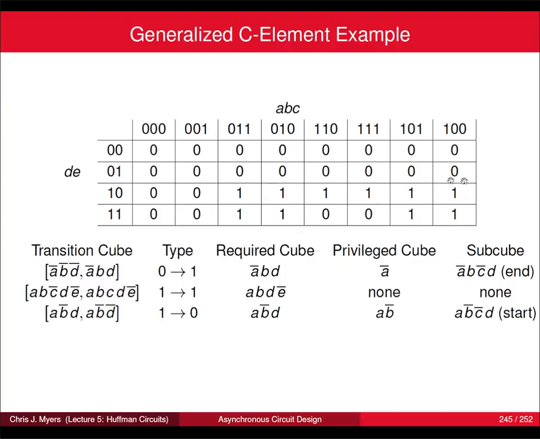And then we also have a 1 to 0 transition, which is starting in this cube and going up this way, I think, if I'm remembering. Yeah, A, B, not D, which is here, these two ones. And then it's going from these 4 to these 4. And so this is my required cube for this one.